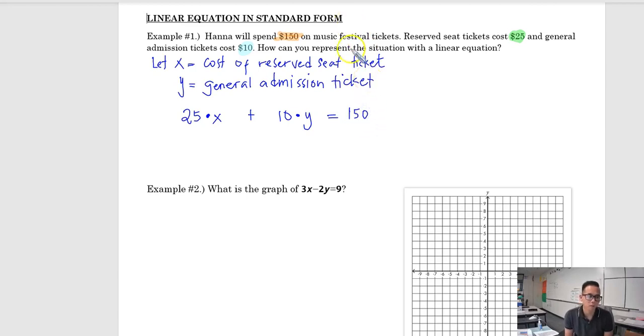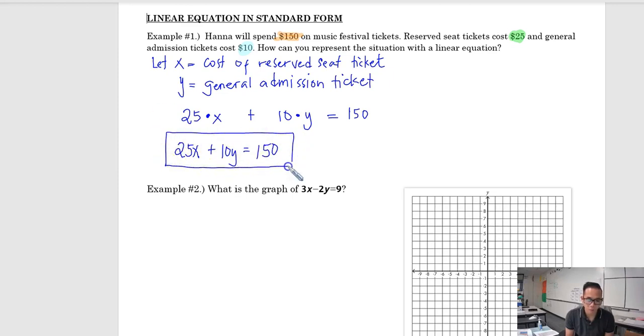So the equation now in standard form is 25x plus 10y is equal to 150. This is now the equation that we'll be using in solving for the value of x and the value of y.